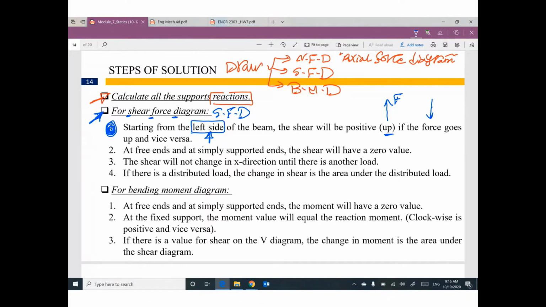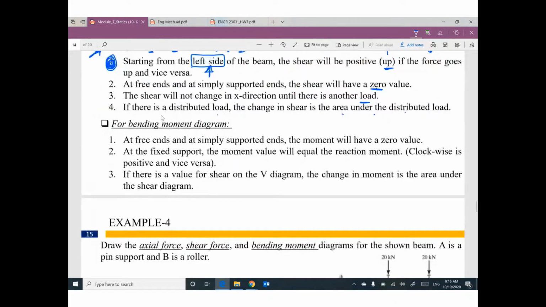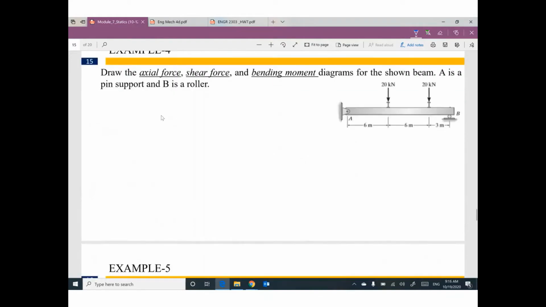At any free end and the simply supported end, the shear will have a 0 value. The shear will not change in X direction until there is another load. If there is a distributed load, the change in shear is the area under the distributed load. I cannot figure out what's going on, but let's start this example.